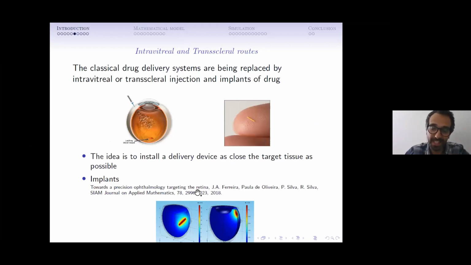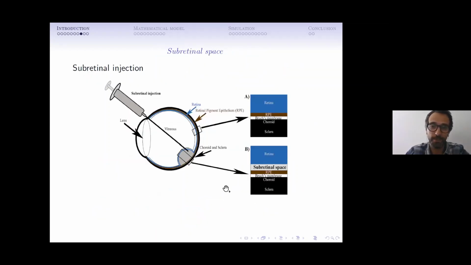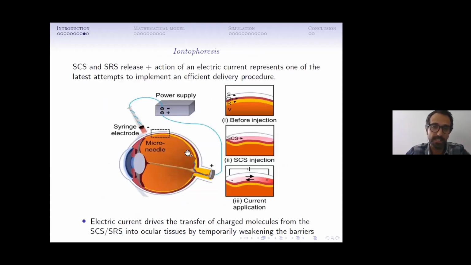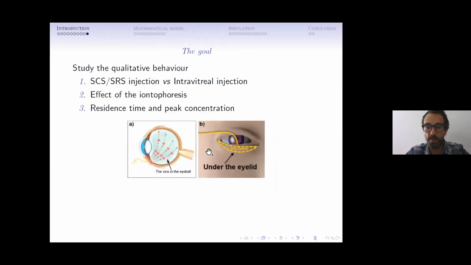I started this work with 3D, but when I started using the iontophoresis process, I had some problems. So I tried 2D because I needed to wait too much time to have some results. So I went to 2D, and now, of course, we want to go further.